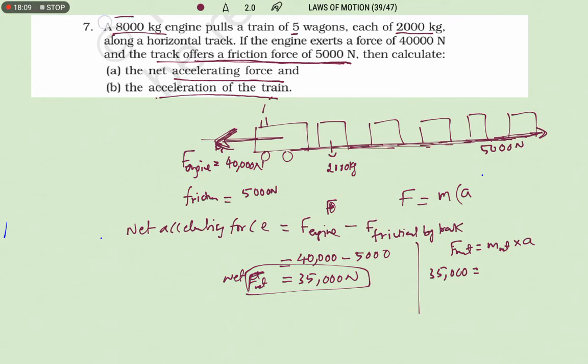So 8,000 is the mass of the engine and 5 wagons into 2,000. Therefore, total mass is equal to 5 into 2000 plus mass of the engine, so 10,000. Therefore, we get 18,000.